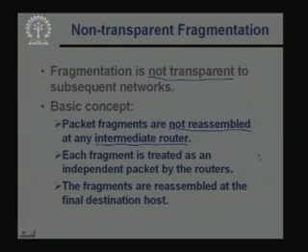And unlike transparent fragmentation, each fragment is treated as an independent packet. In the transparent fragmentation mechanism, the fragments were not really treated as independent, because the exit router had to receive all the fragments and put them together into the original packet again.